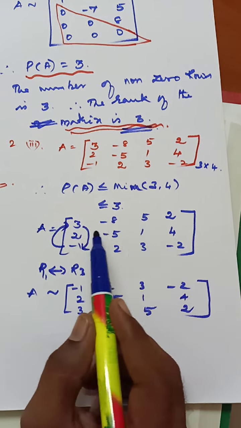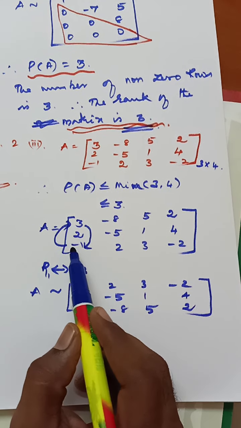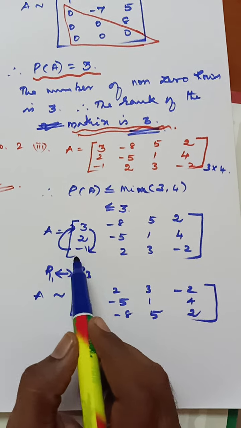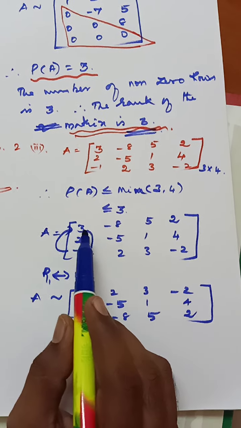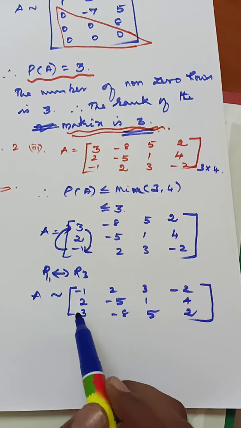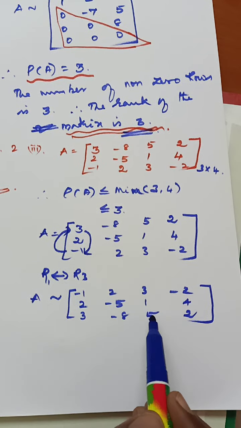You don't change all the elements, only the first two numbers. It is clear. So this is your first row, minus 1, 2, 3, minus 2, and this is your R3, that is 3, minus 8, 5, 2.